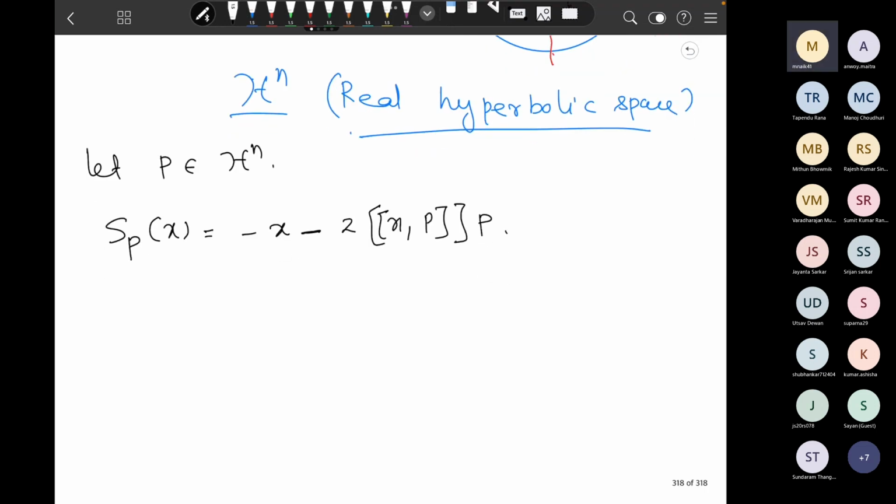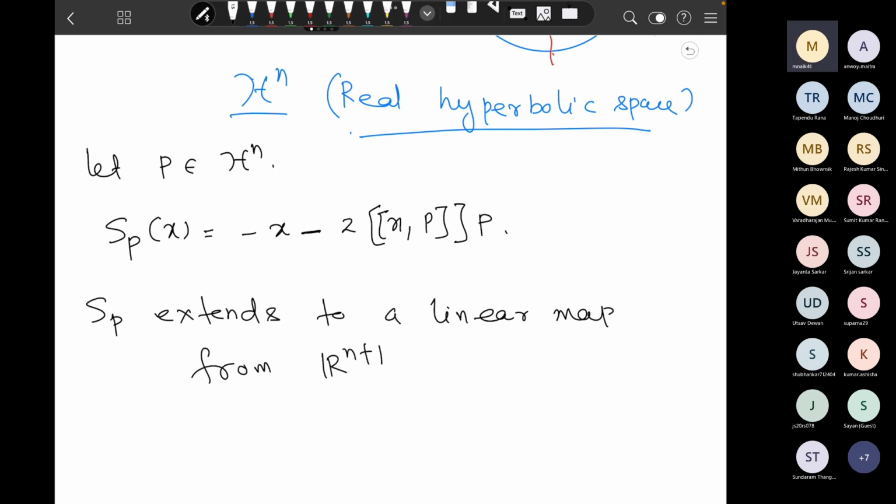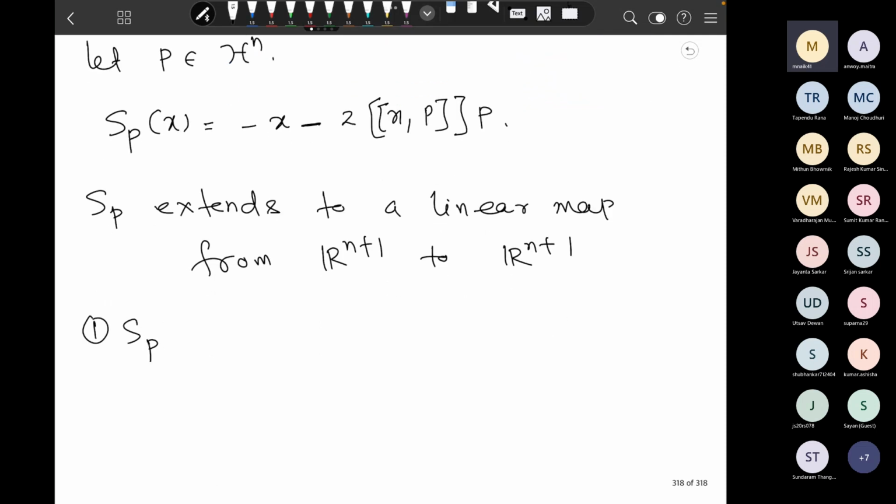So now SP extends to a linear map from Rn+1 to Rn+1. First you check that SP of P is minus P minus 2<P,P>P, and since <P,P> is minus 1, use that part here.